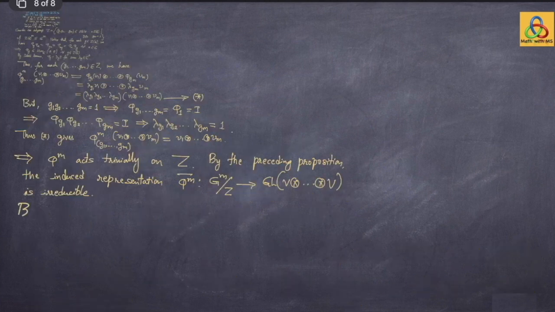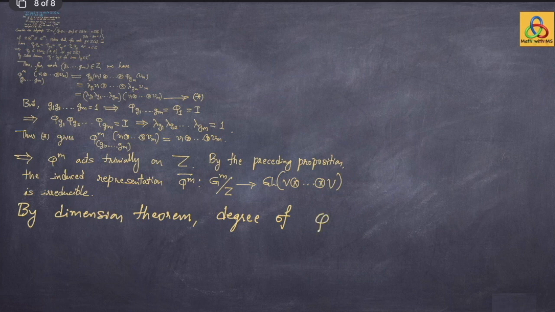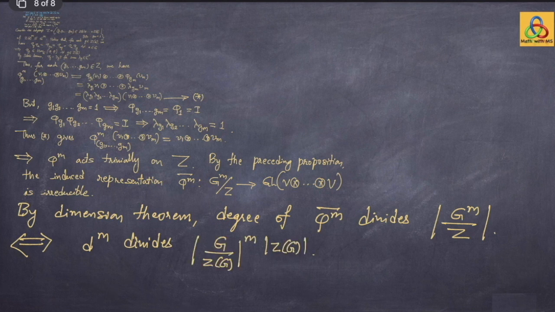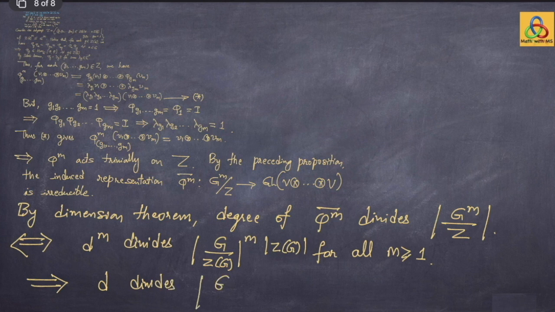Alright, so now we have an irreducible representation of a finite group, and therefore by the dimension theorem the degree of this representation divides the order of the group. So the degree of phi superscript m bar divides the order of the group, which in this case is the order of G^m divided by the order of Z. This is equivalent to saying that d to the power m divides this integer for all m bigger than or equal to 1, and this is possible only if d divides the order of G by the center.